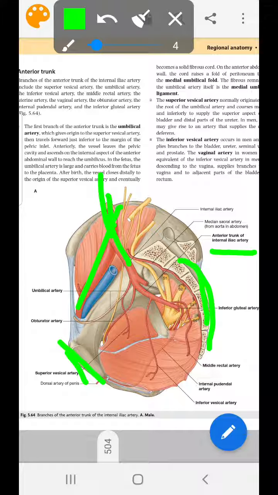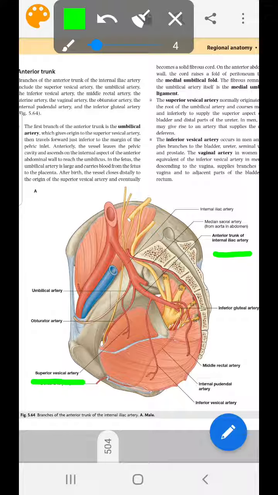The internal iliac again gives an anterior trunk and a posterior trunk. Right, so here only the anterior trunk of the internal iliac has been shown, and it can be seen that the branches of the internal iliac are the superior vesical artery and the inferior vesical artery.